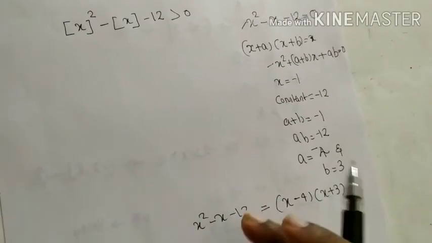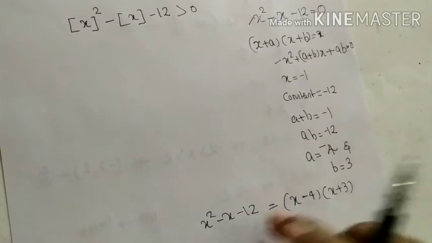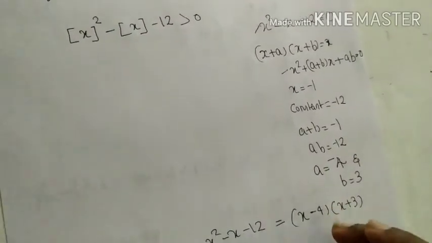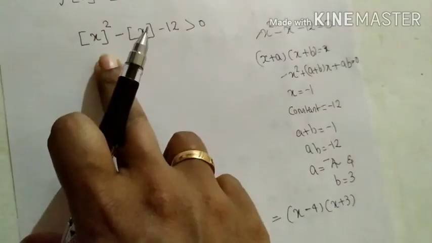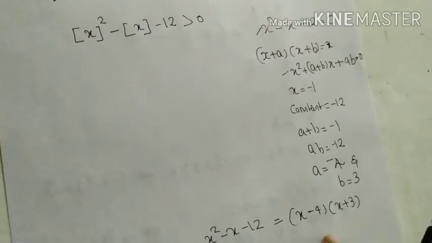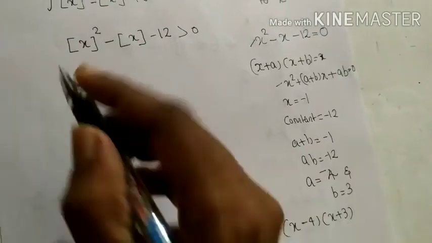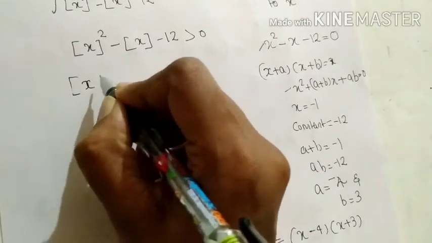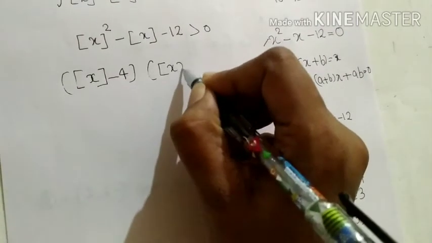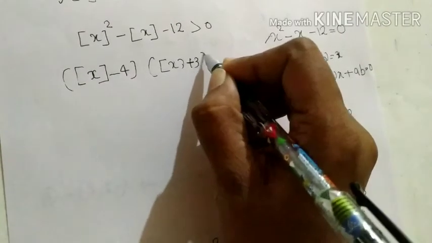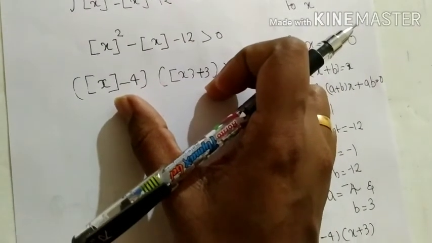Either way, we get the same values. Replacing this x by greatest integer x, we can write greatest integer x minus 4 into greatest integer x plus 3 greater than 0. So this term can be written this way.